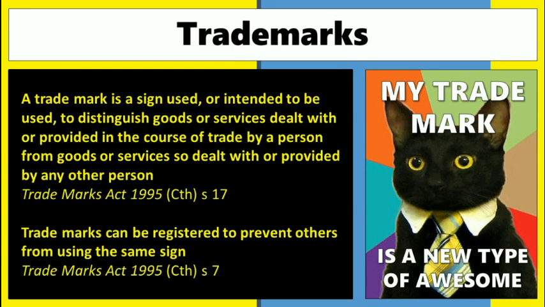Another area of intellectual property is trademarks. Now, trademarks are signs used to essentially provide a shortcut to an entity's products or services, to create this association between the particular sign and the particular product.